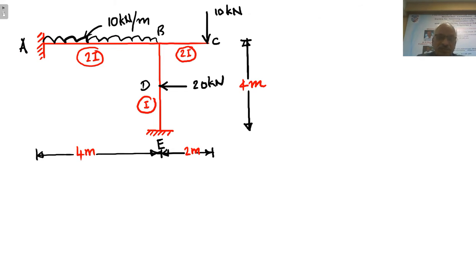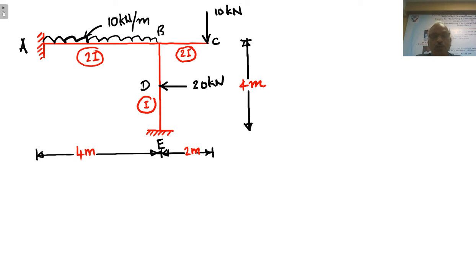It is a structural frame consisting of a beam and a column, right? Now AB is a span of 4 meters. BC is an overhanging part of 2 meters span, subjected to a point load of 10 kilonewton at the free end.